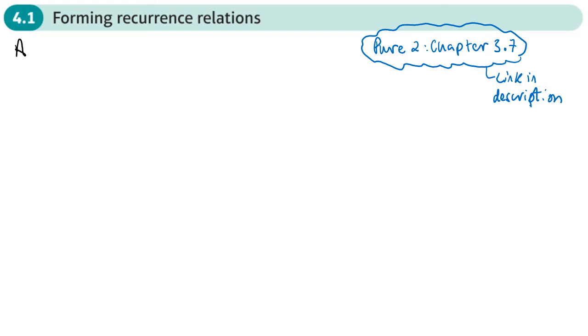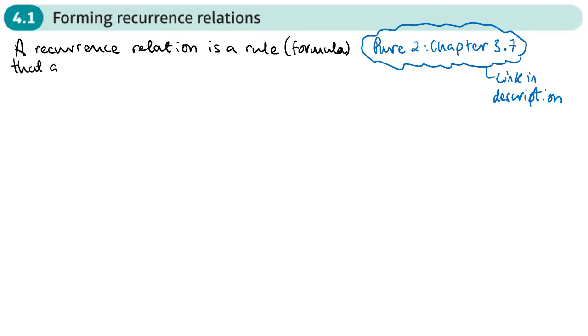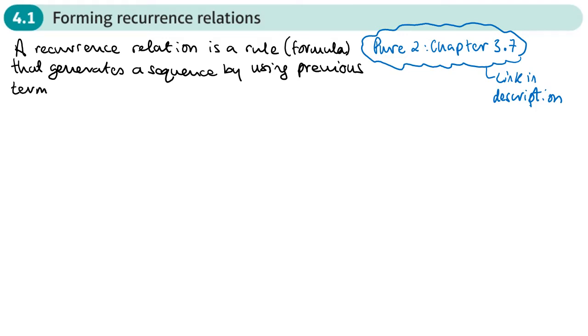Okay, so a recurrence relation is a rule, or you could say even a formula, that generates a sequence by using previous term(s), because sometimes it's just the previous term, or sometimes it's more than one term. Now that will give it a special name.